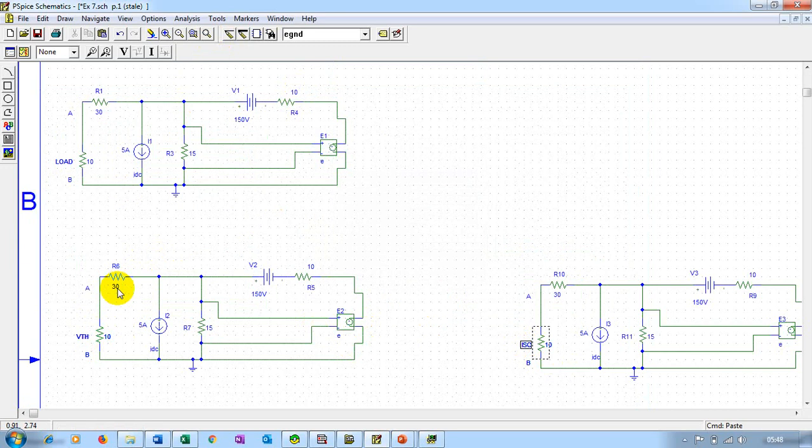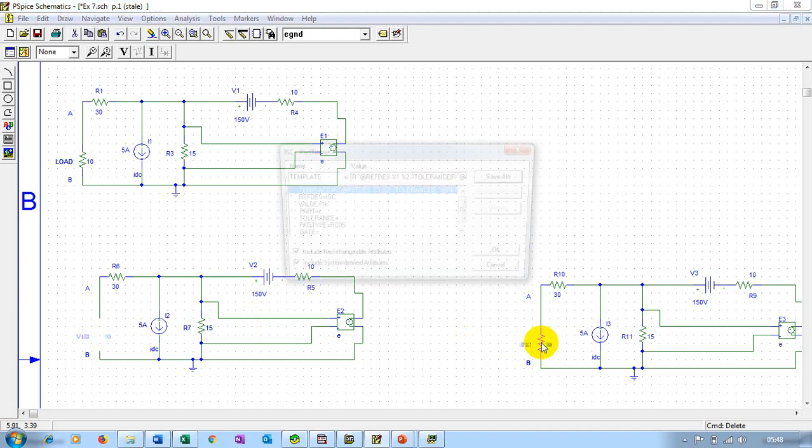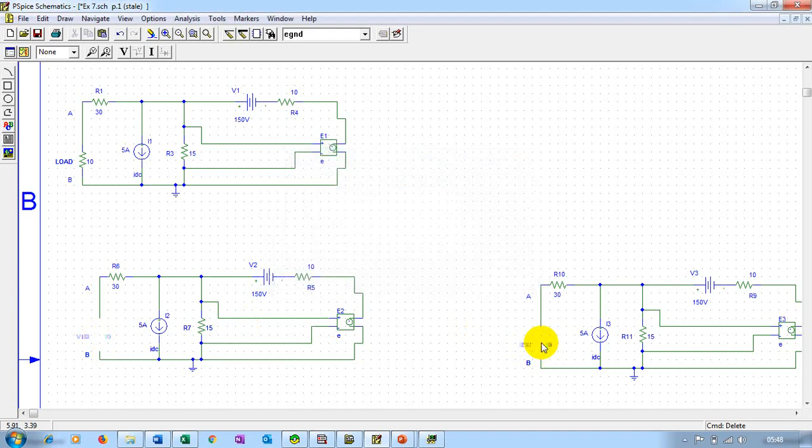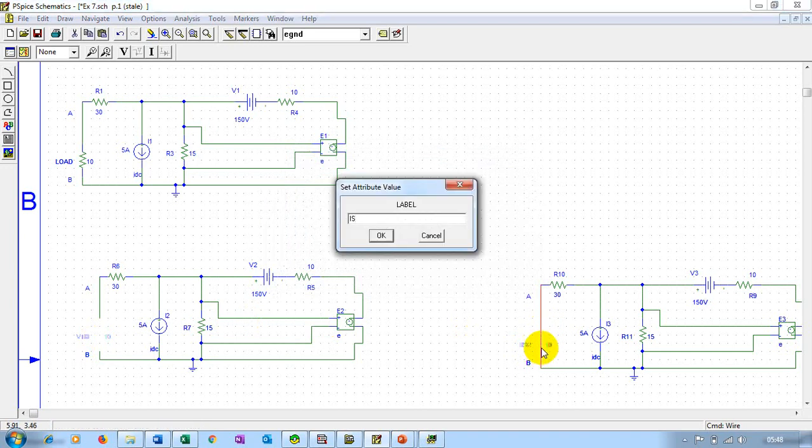Now we know under VTH the resistor has to be removed, right? And under ISC this has to be short circuited. So I'll remove this and short circuit this with a wire, and I'll rename this wire as ISC.